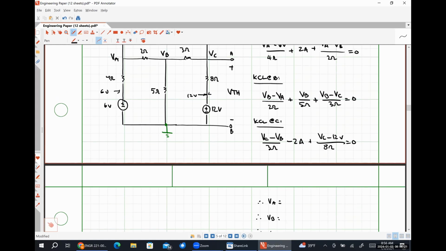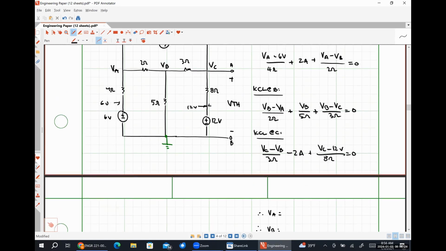So in my first equation, my coefficient for VA is 1/4 plus 1/2. My coefficient for VB is negative 1/2. My coefficient for VC is 0.